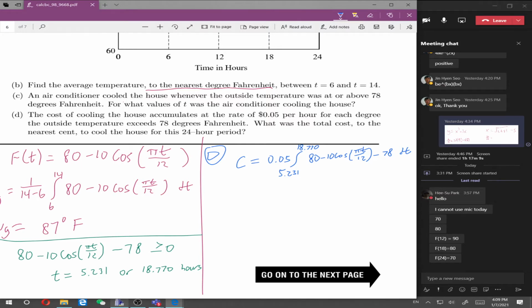I've got that extra minus 78 because we're only looking at how many degrees we are above 78. So when I integrate this, this is going to tell me the total accumulation of degrees that we had over that period. Then we'll multiply by 0.05, and that should leave us with total cost.